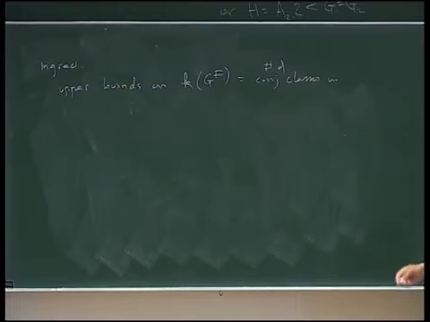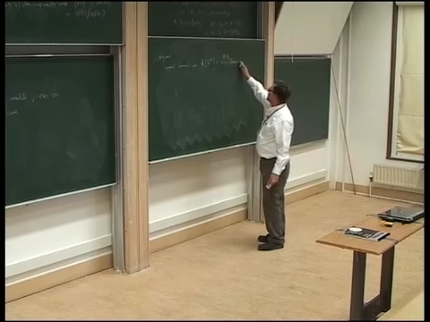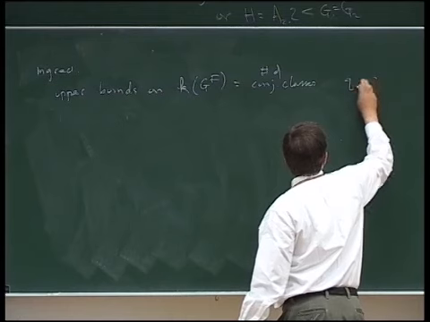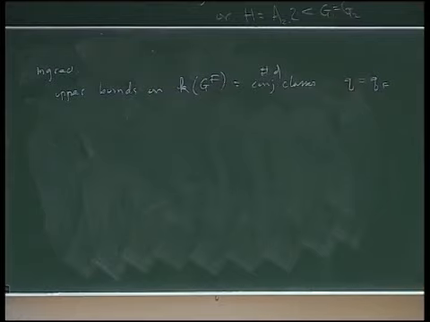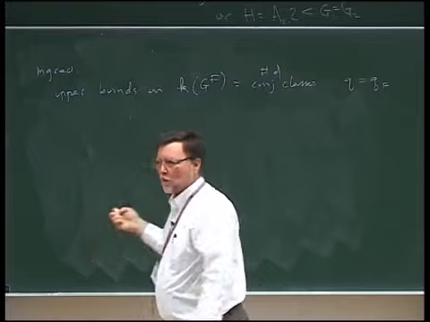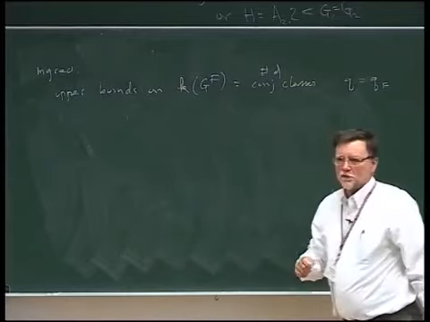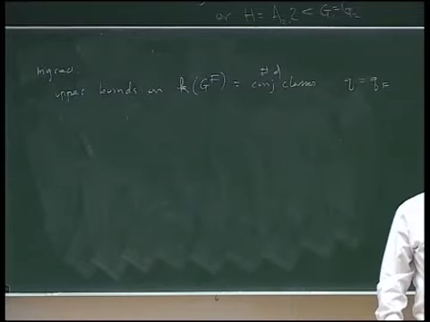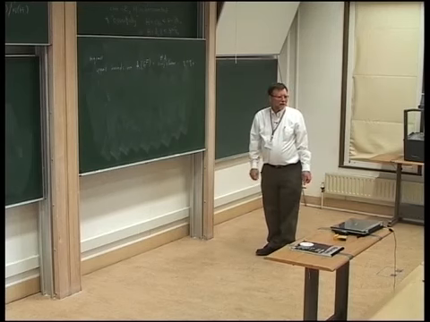So G is a simple algebraic group, F is some Frobenius endomorphism, you're taking the fixed points, and let's say Q is the prime power associated to the Frobenius. Again, it's not too hard to see that the number of conjugacy classes is roughly Q to the rank of the ambient algebraic group.